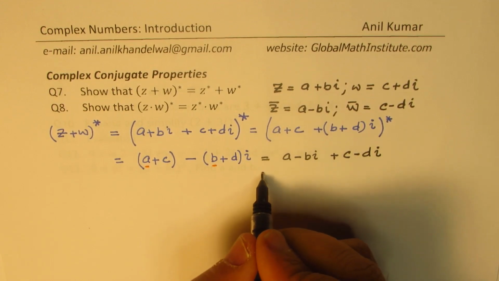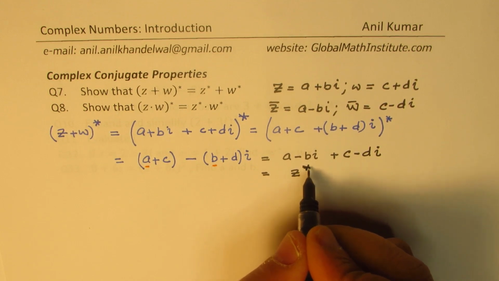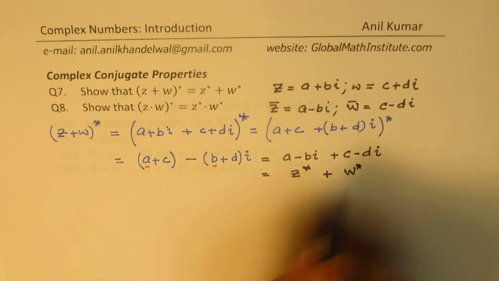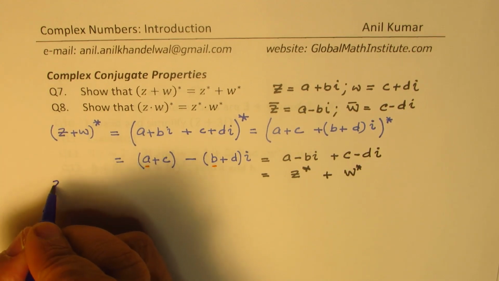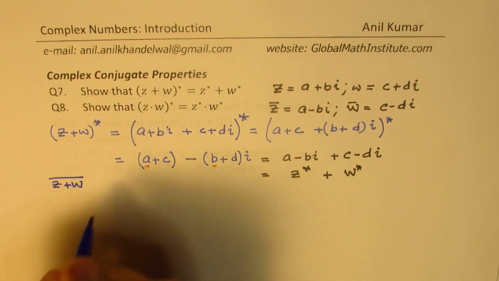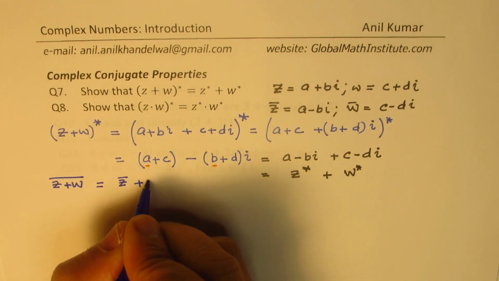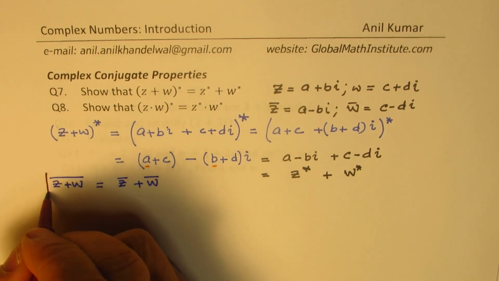Now that is the conjugate of z, right? And this is the conjugate of w. Is that clear to you? So we have shown that the conjugate of the sum, which we could also write with a bar on top, is equal to the sum of the conjugates. Is that clear to you? This is a very important property which has been proved here.